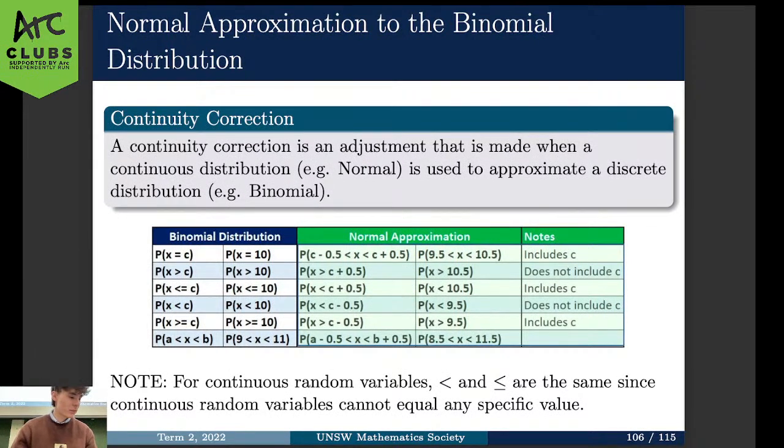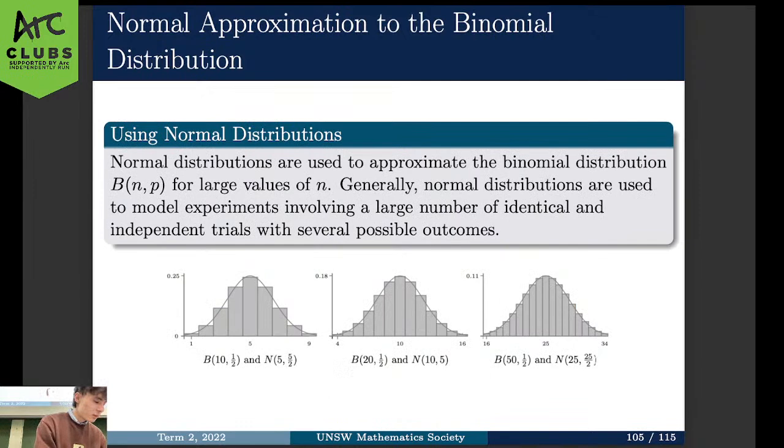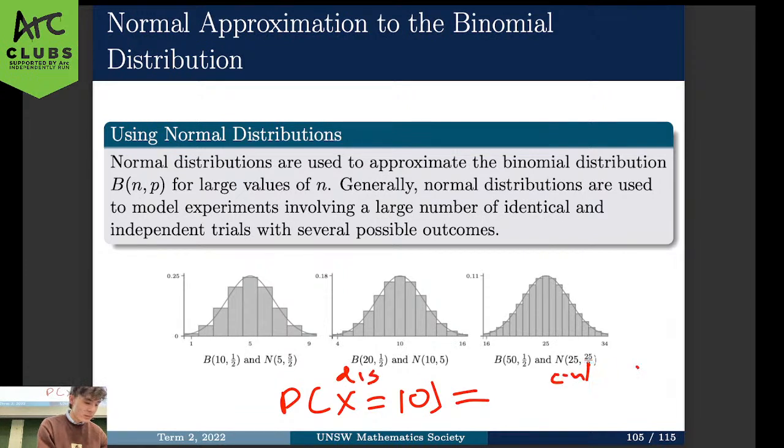And that just comes from the fact that the probability of X equaling some random value, so let's say 10, for a continuous case is always 0 because point probabilities are 0. But if I'm talking about the discrete case, it makes perfect sense to be asking what's the probability that X equals 10. So when we go from the discrete to the continuous case, when we apply this approximation, what we need to do is apply the continuity correction.